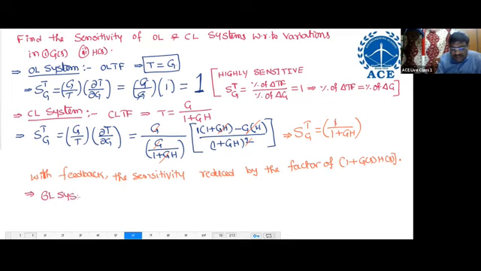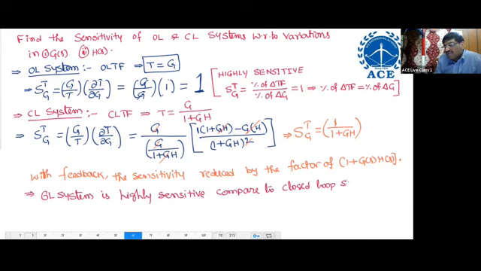Open loop system is highly sensitive compared to closed loop system.